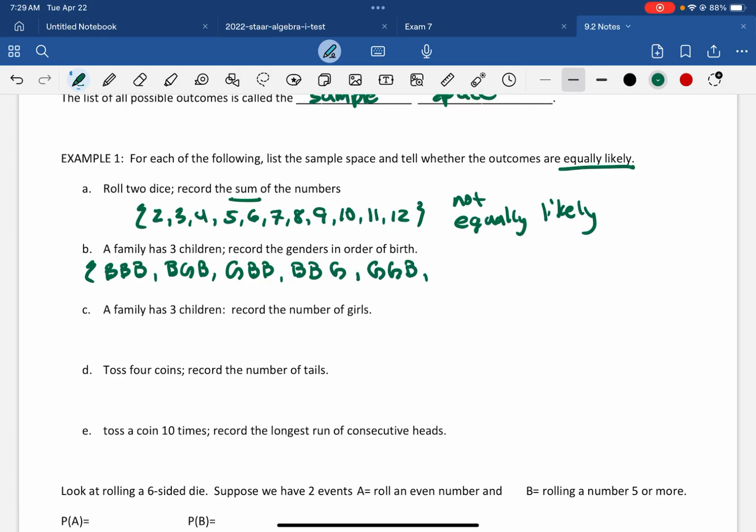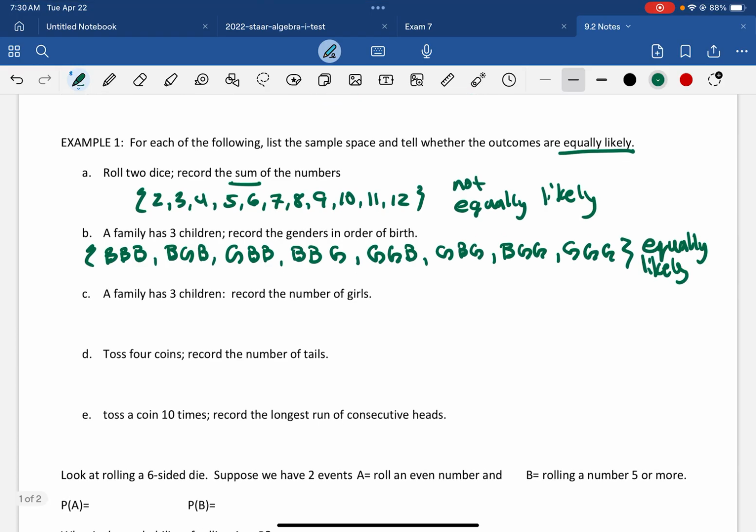I'm going to go ahead and fill the rest of these out. Girl, girl, boy, girl, boy, girl, boy, girl, girl, and then all 3 girls. Okay. And yes, they are equally likely. They'll have the same probability.